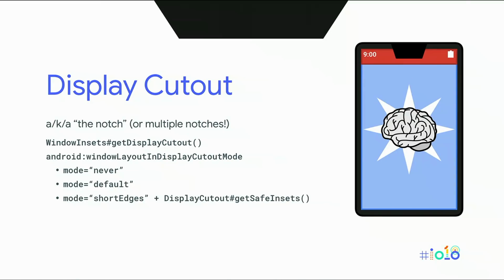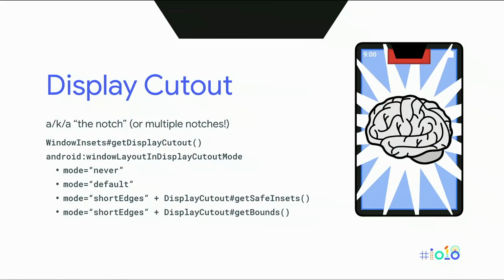Better still, or more advanced still, is short edges cutout mode, which means essentially anytime there's a cutout on the short edges of the device and we're in portrait, I will just draw underneath. You don't have to do anything special. And in that situation, you do need to look at the display cutout and ask it for the safe insets. Essentially, well, OK, I'm drawing everywhere, but you tell me what single rectangle of the screen is safest to draw in.